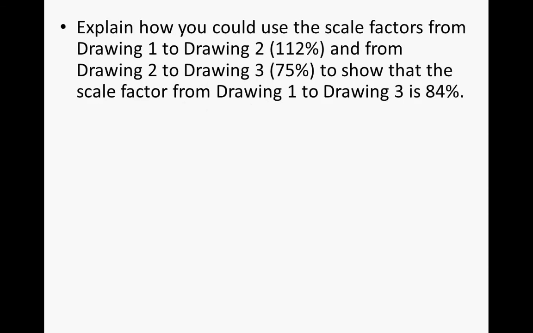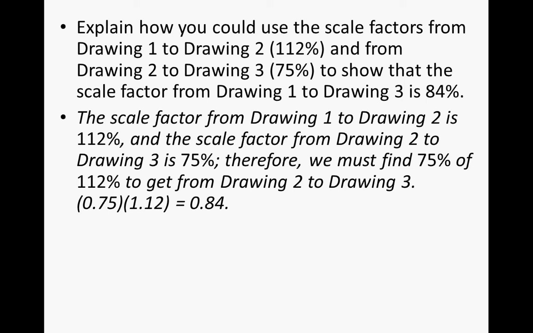Explain how you could use the scale factors from drawing 1 to drawing 2, which is 112%, and from drawing 2 to drawing 3, which is 75%, to show that the scale factor from drawing 1 to drawing 3 is 84%. Well, the scale factor from drawing 1 to drawing 2 is 112, and the scale factor from drawing 2 to drawing 3 is 75.